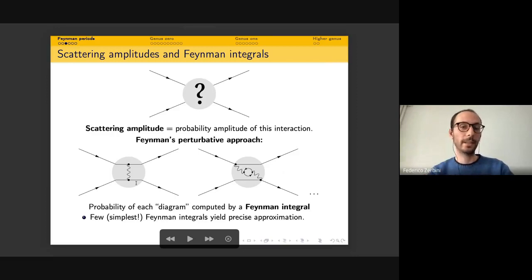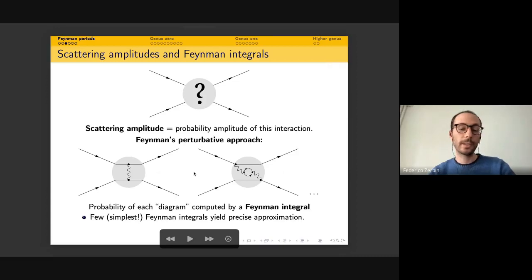So that's how they build these background curves. They compute just a very small number of Feynman integrals, and the simplest ones, in fact, are the ones like this, where you have just one loop. Simple means a low number of loops, which means a particle is created and then annihilated.